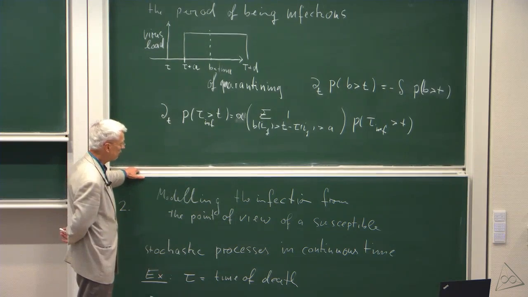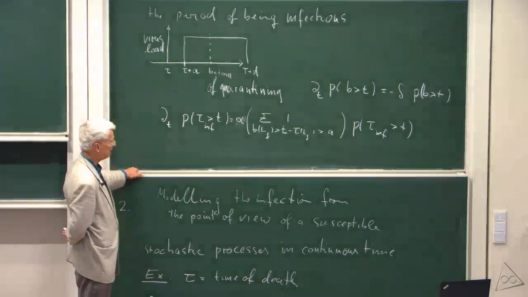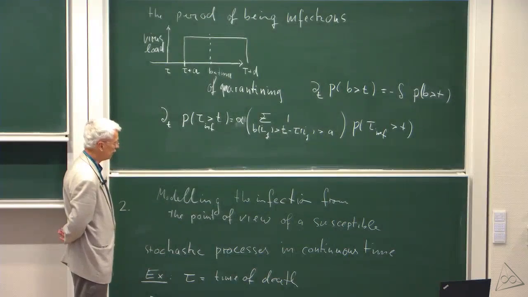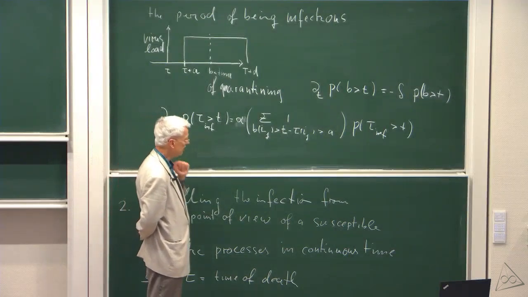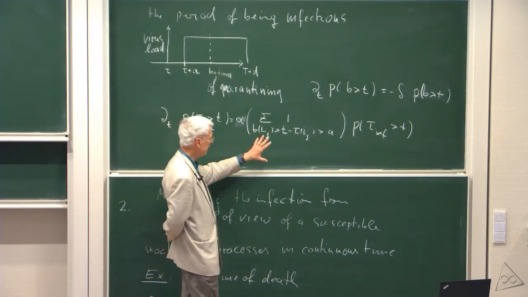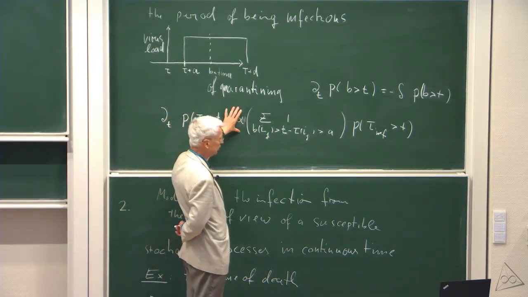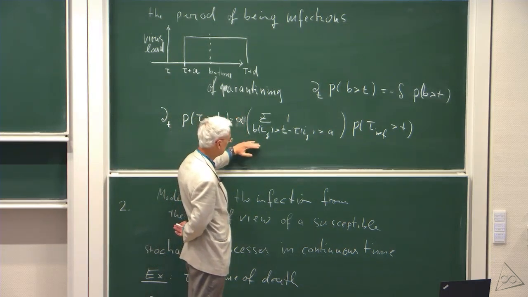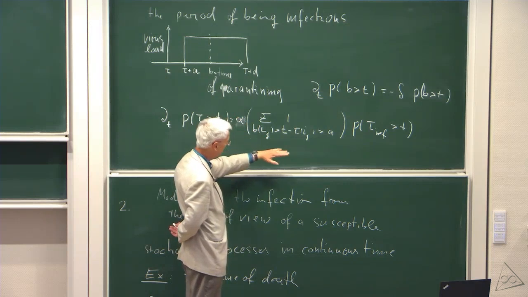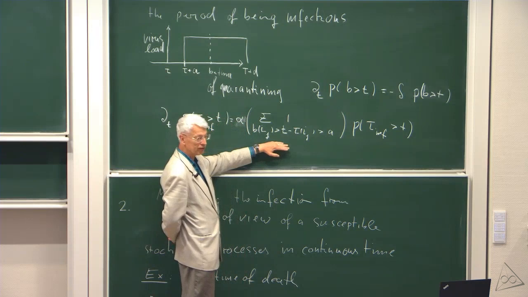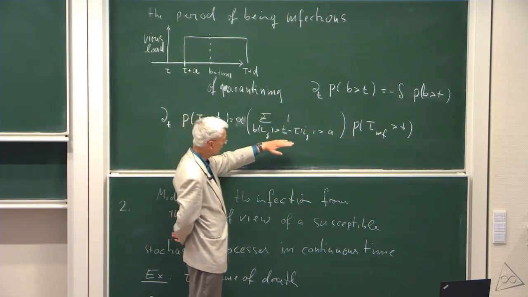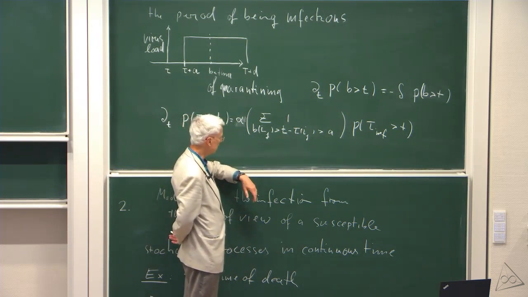Now, we still have to say, what is the rate of the infection itself? And the rate at which the infection occurs should depend on something which we call the contact rate alpha, and it should also depend on a quantity which is the relative frequency of the not yet removed individuals who are infectious.